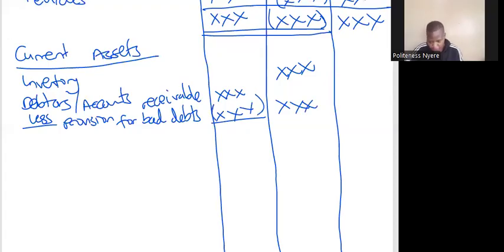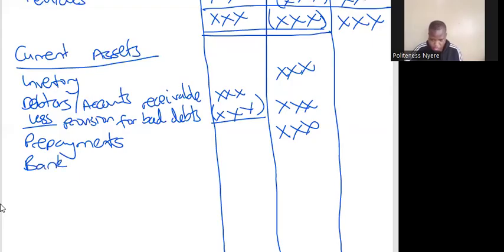Then from there, maybe we have prepayments of expenses, prepaid expenses, then we put it in there, and then we can write down the bank, the cash. You add the total.